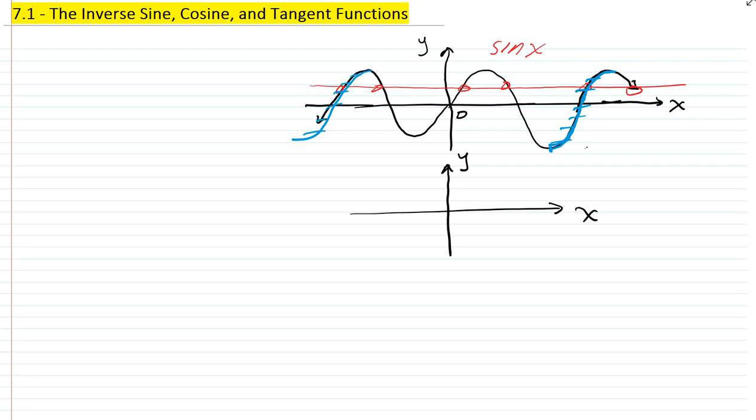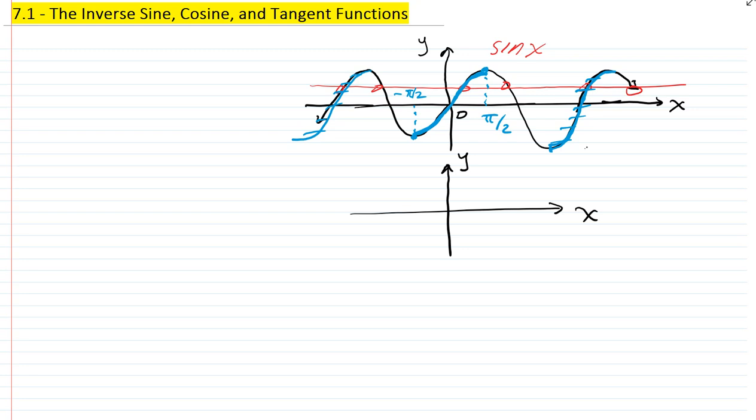So there are different ways we could restrict the domain. Now, how the domain is restricted in general, by convention again, so everybody pretty much has agreed to this, is that if you look at the domain of the sine from negative pi over 2 to pi over 2, and if you just look at this segment, then the function is one-to-one.